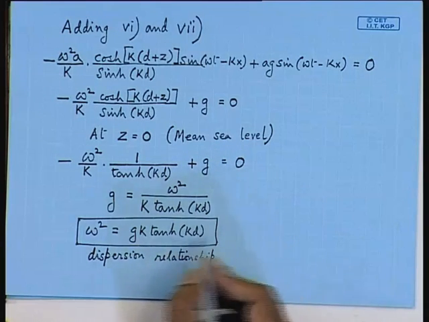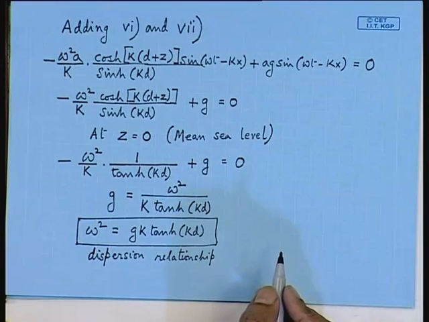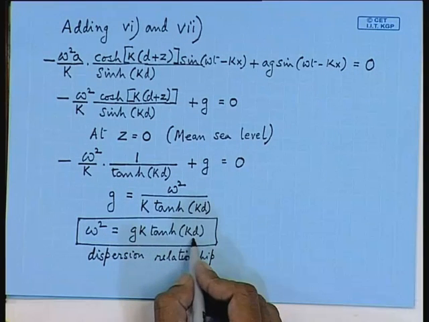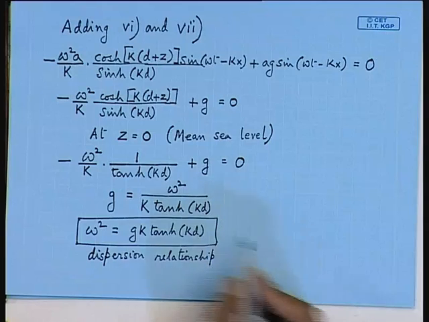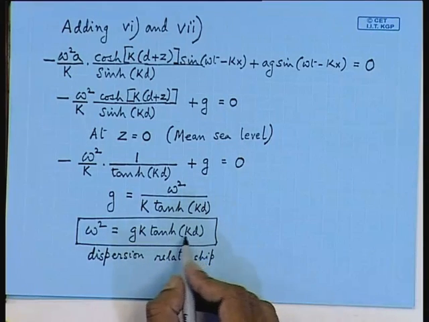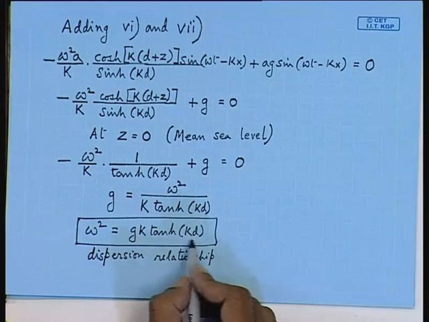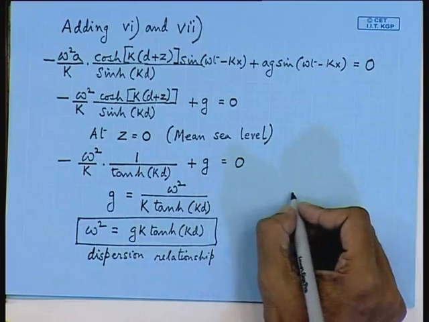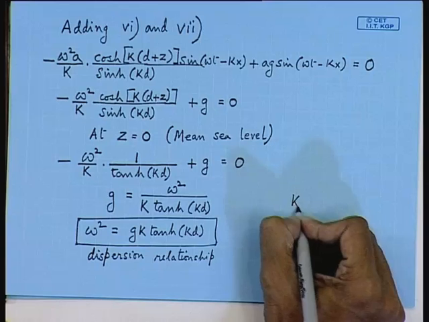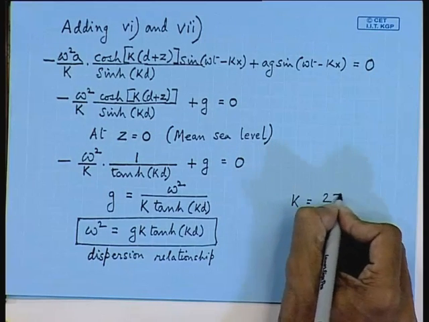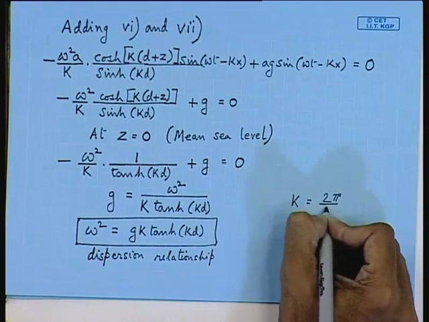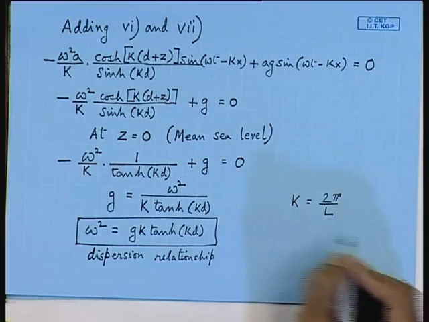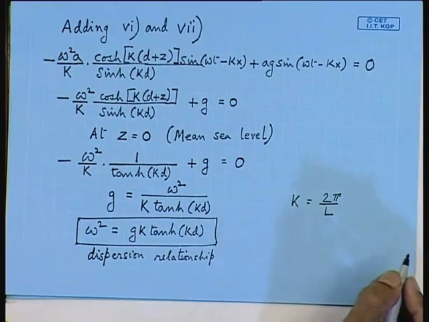Now g is constant, and d to some extent you can take as constant, but it will vary with this k value, and k is dependent on what? K is nothing but 2 pi over L. The k is called the wave number. Wave number is dependent on the wavelength.